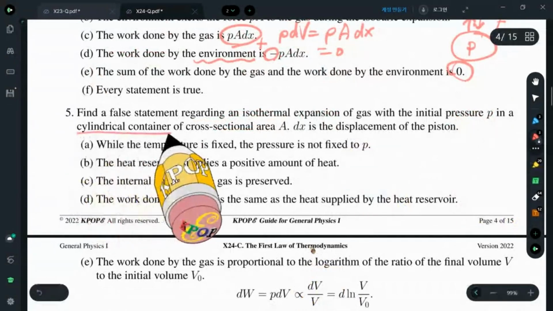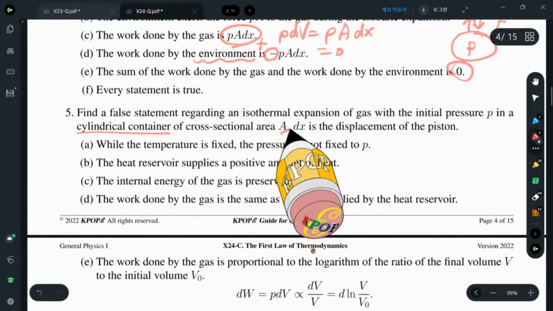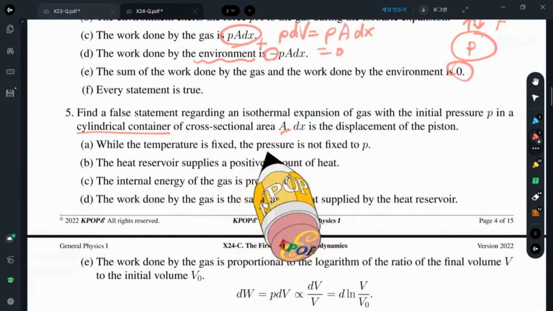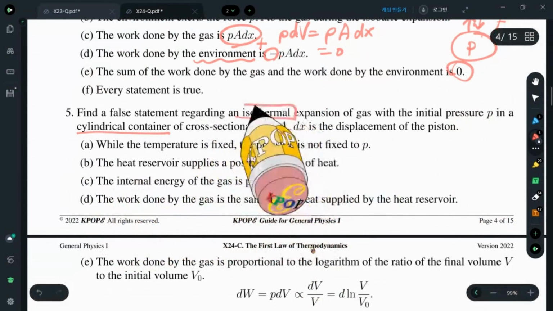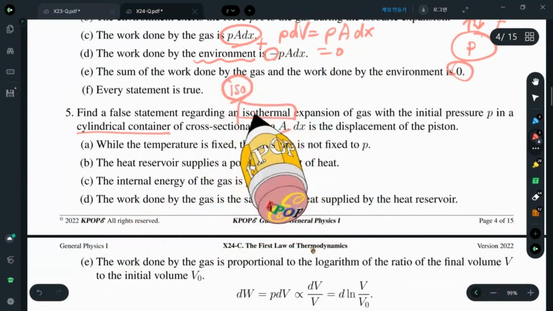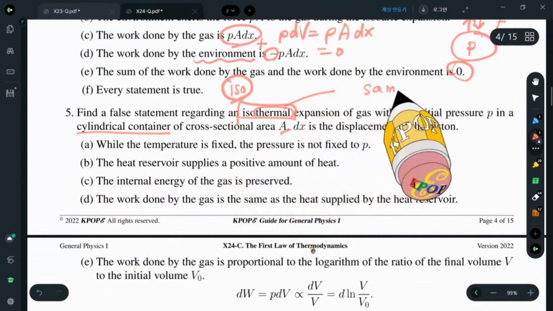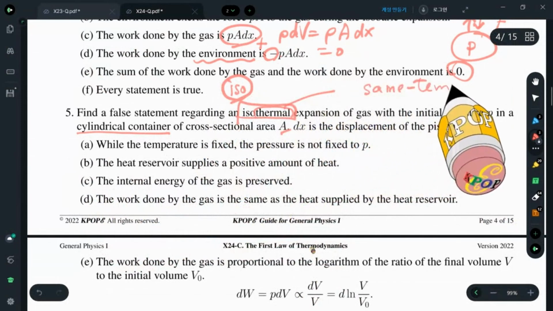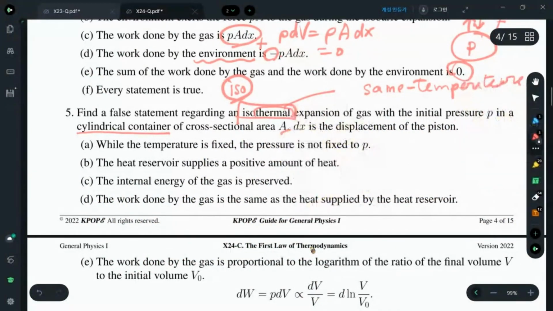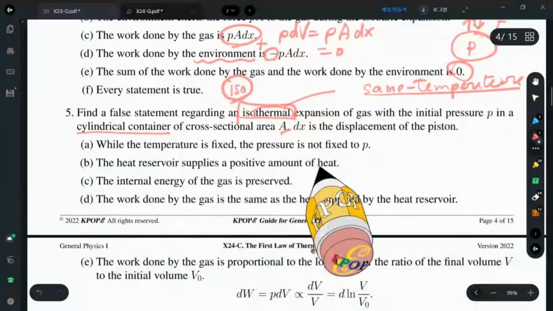Still, we are working on a cylindrical container of the cross-sectional area A. Isothermal: same temperature process.